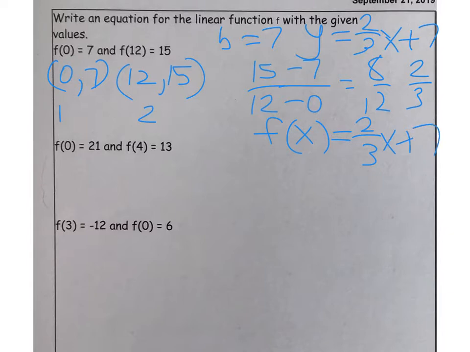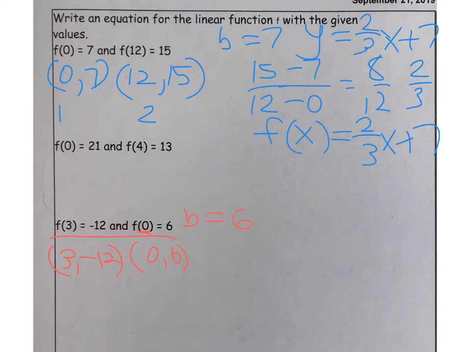Going to do this bottom one here, and then you can try the middle one. Same situation here. I immediately know, because I got that 0 there, that my b value is going to be 6. So now I just have to figure out my slope. Remember, this point is (3, negative 12) and this is (0, 6).